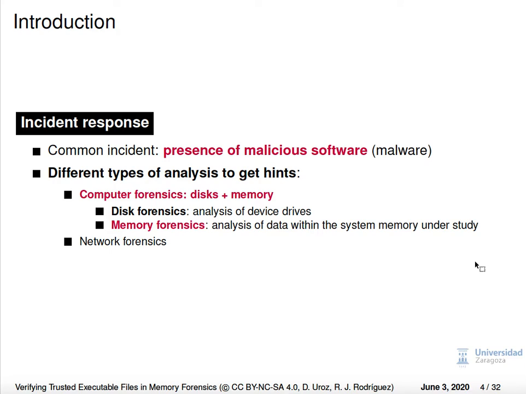Computer forensics are focused on disk forensics and memory forensics. In the case of memory forensics, the analysis of the data is performed on the memory of the system, while disk forensics is more related to the device drivers. Network forensics, on the contrary, is more focused on the analysis of the network traffic.